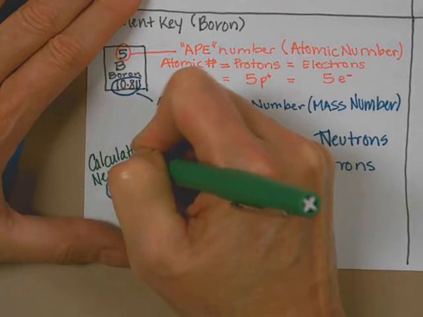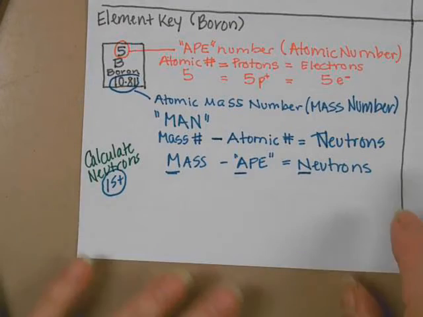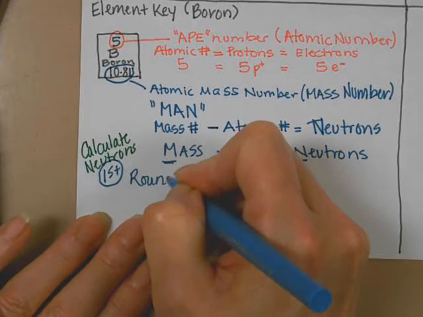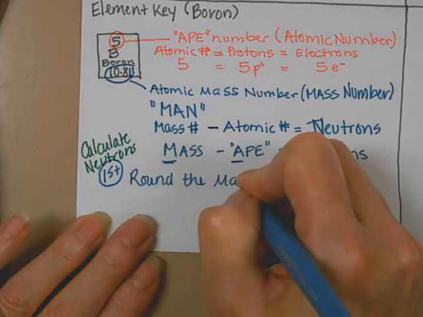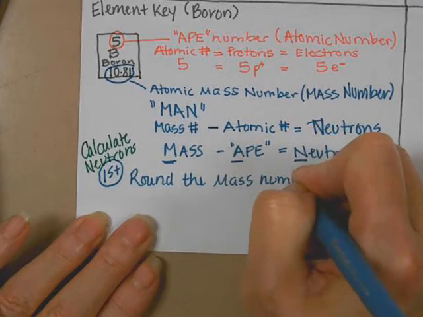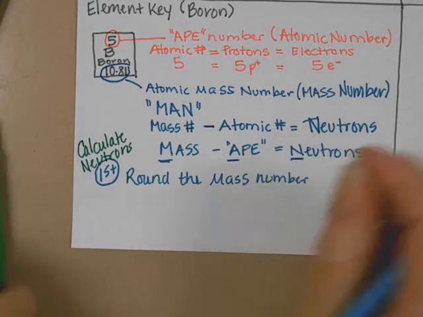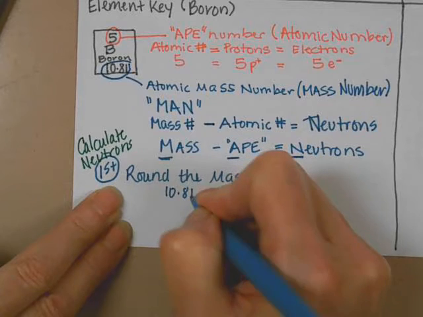First thing you have to do is round your mass number. Our mass number is 10.81.